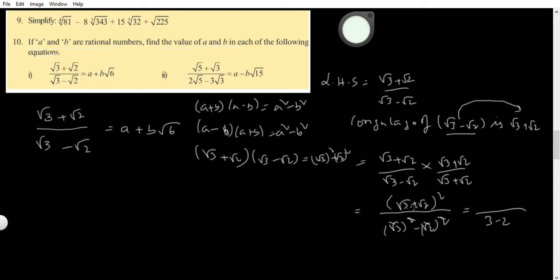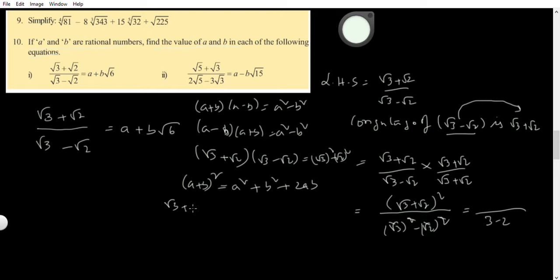Now observing (root 3 plus root 2) whole square in the form of (a plus b) whole square, this is a very important algebraic identity, that is a square plus b square plus 2ab. We can expand this using this formula.